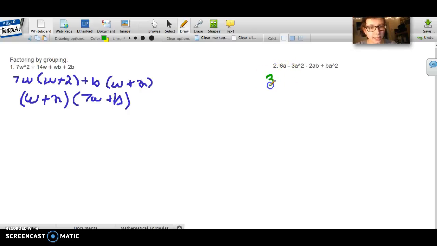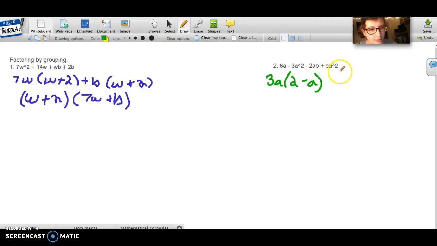So 3a, and 6a divided by 3a is 2, and negative 3a squared divided by 3a is negative a. So we have 2 minus a here. So 3a times 2 minus a.